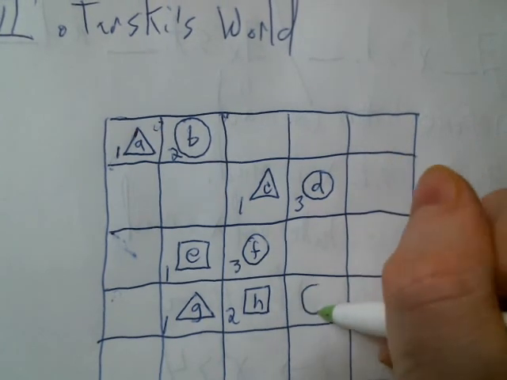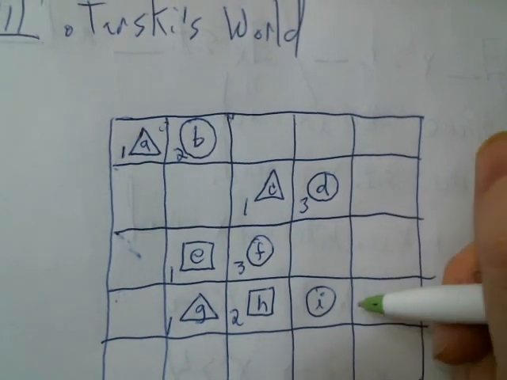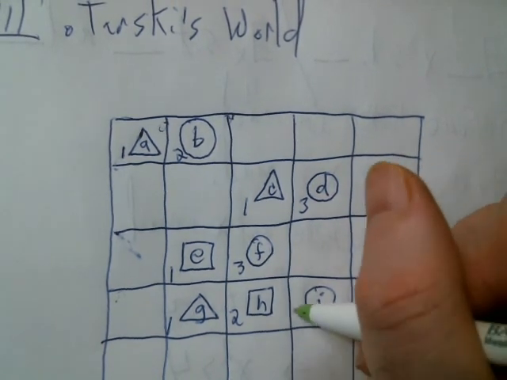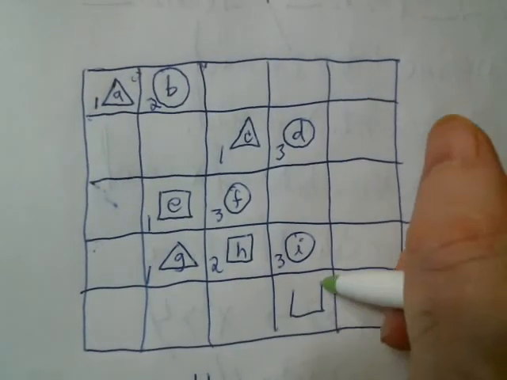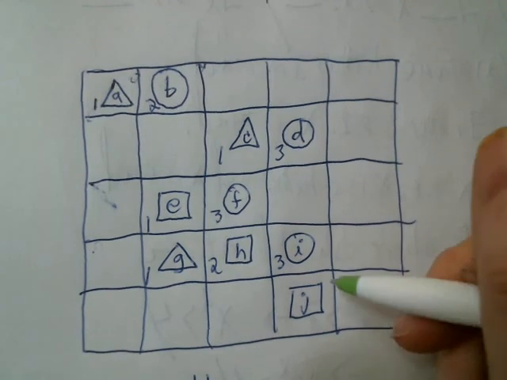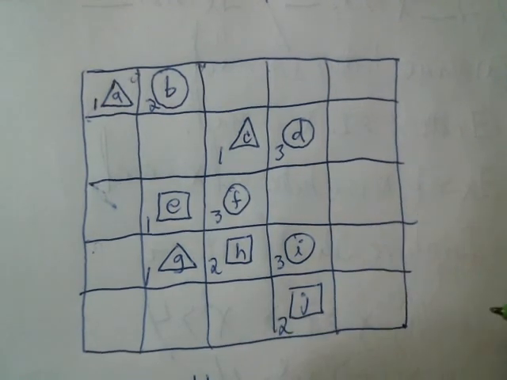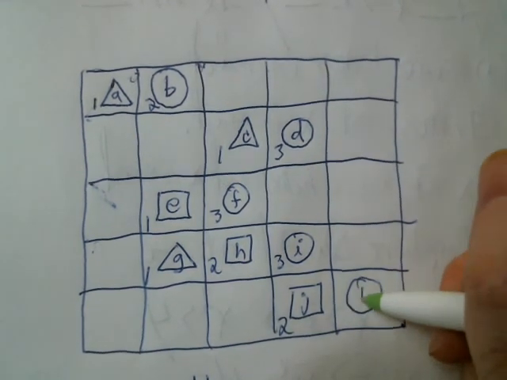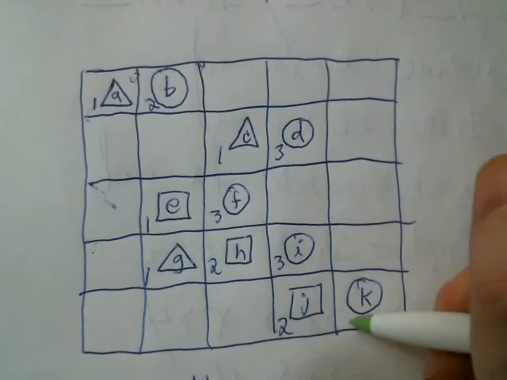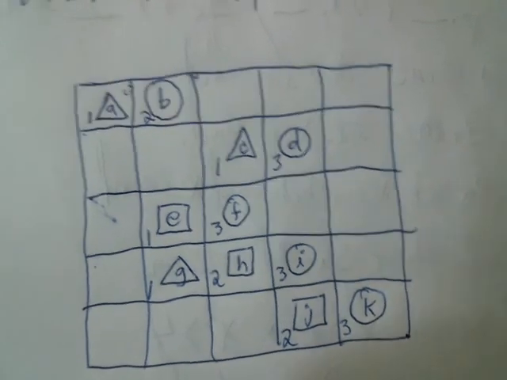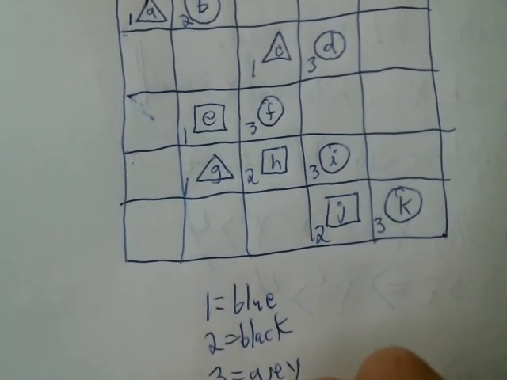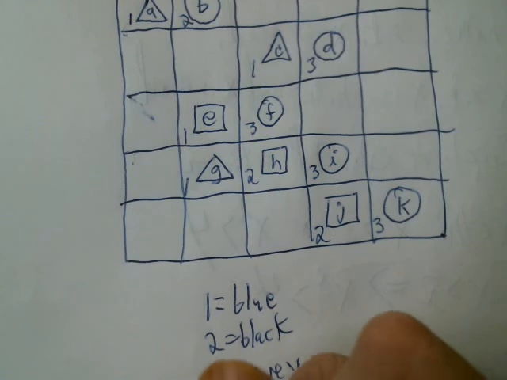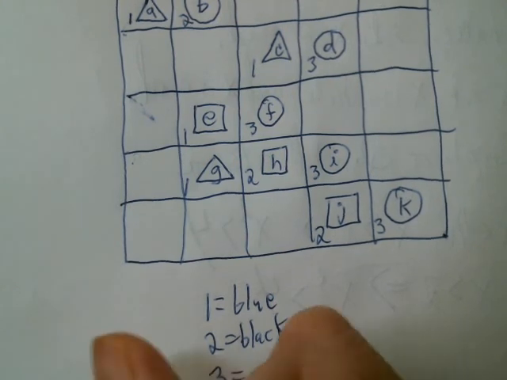Then I have a circle, which is gray. And then I have a square down here, which is black. And then I have a circle over here, which is gray. Okay. And then you can make statements about this, to see which one is true, which one's false, etc.